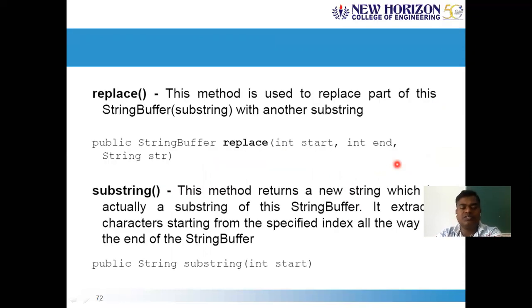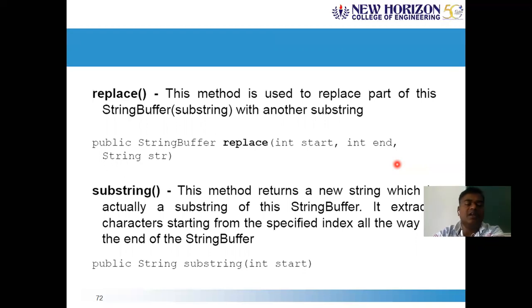Replace, which is quite similar to the replace you know. Of course, replace is not applicable in the case of a string, but you can use it with a string buffer, to replace a certain set of characters with a new set of characters, maybe in the form of a string, or a single character.